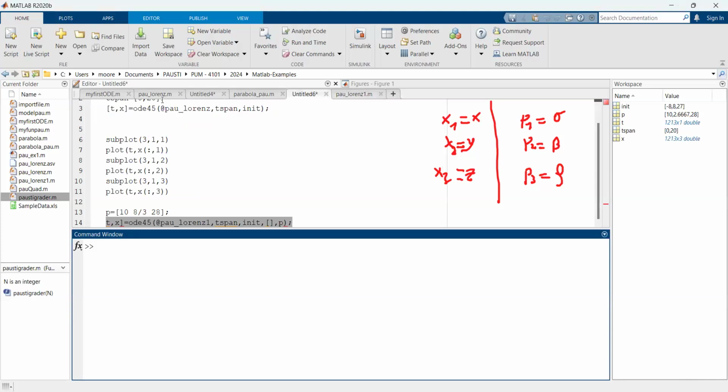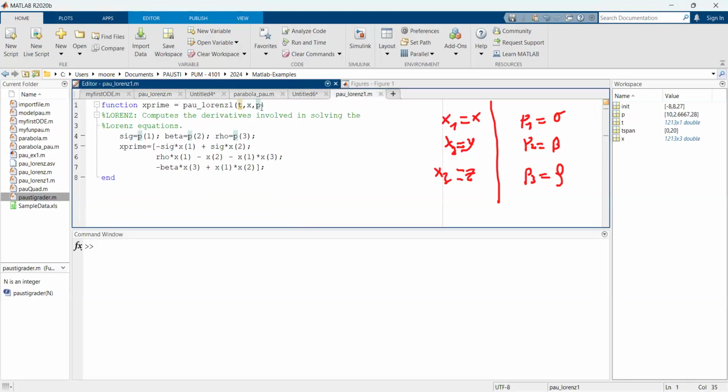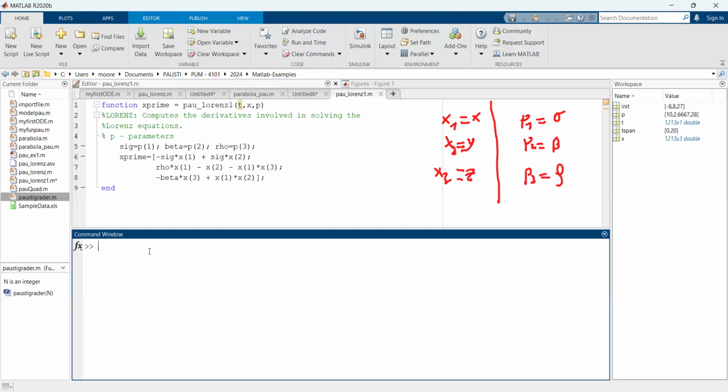Okay, so we have the parameters as P, let me write it here, where P is the parameters for our model. Now, how do we run this model again? Of course, to run an ODE, you need initial conditions.